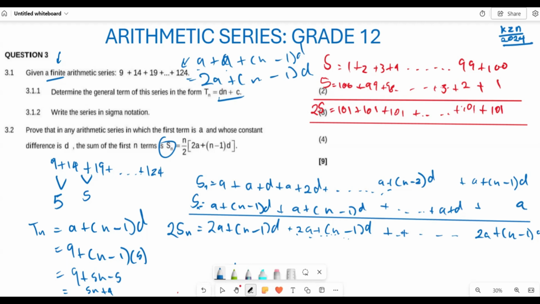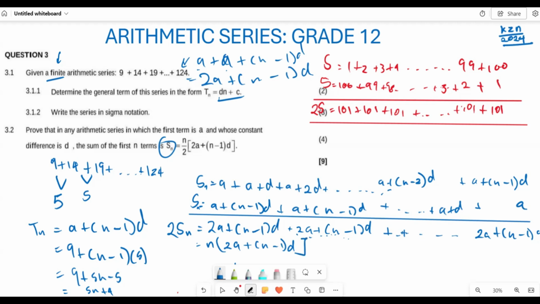I don't know the total number of terms, so I can just represent all of this as n into 2a plus (n − 1)d altogether.